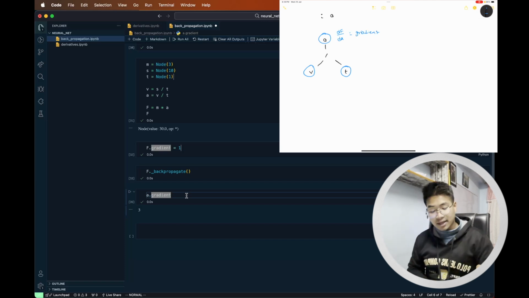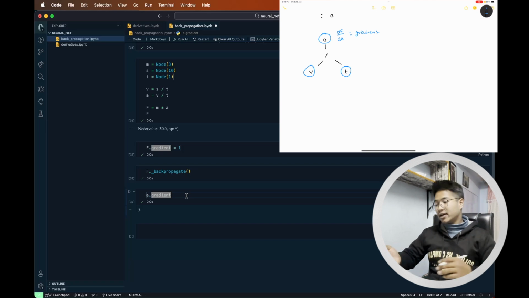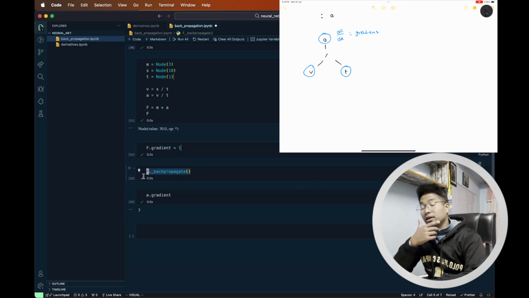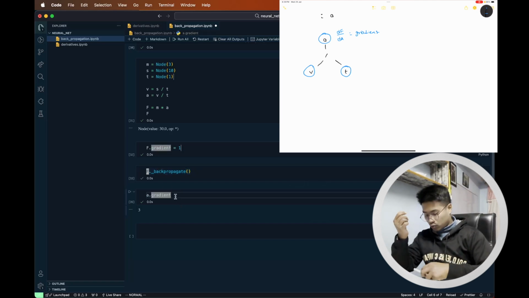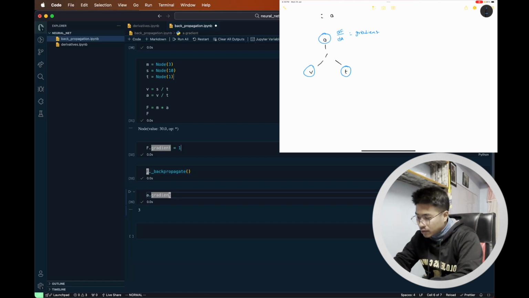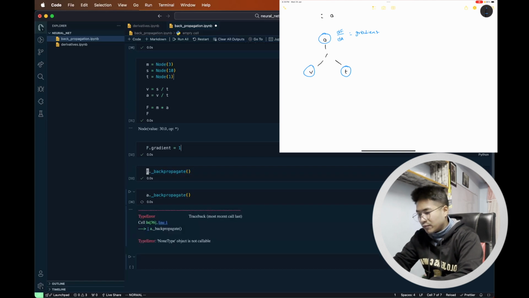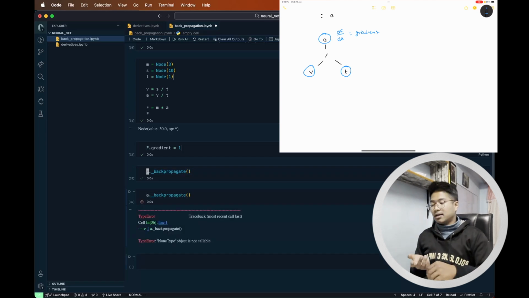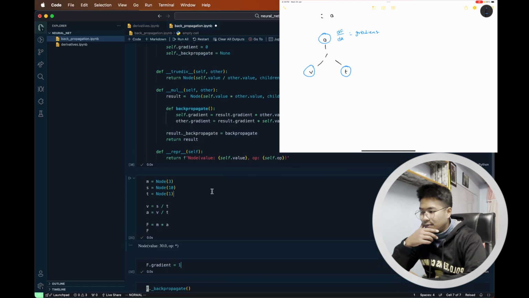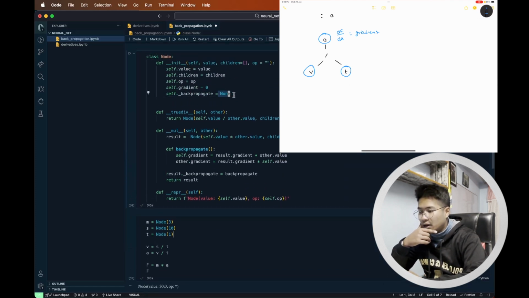You remember that, right? And we have already computed that gradient over here because we did a backpropagate on f. So what I want to do over here is a dot backpropagate. And when I do that, I get a problem saying that you cannot call backpropagate. Remember, we assigned backpropagate to none.